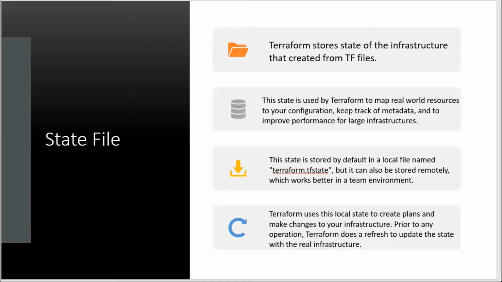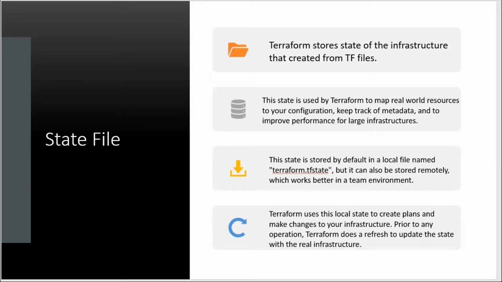Basically, the state file stores the state of the infrastructure provisioned from Terraform, the .tf files I can say. The state is used by Terraform to map real world resources to your configuration.